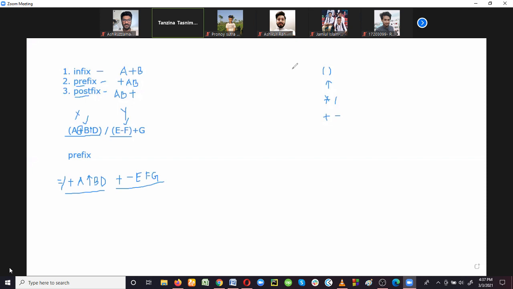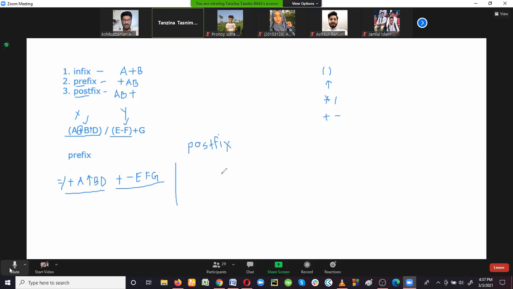In the same way, we can convert it into postfix notation. The only difference is that in postfix notation, we add the operators after the operands. So for the same expression, from where will we start? Obviously, from the parenthesis portion, right? Yes, ma'am. So what will be the expression now?